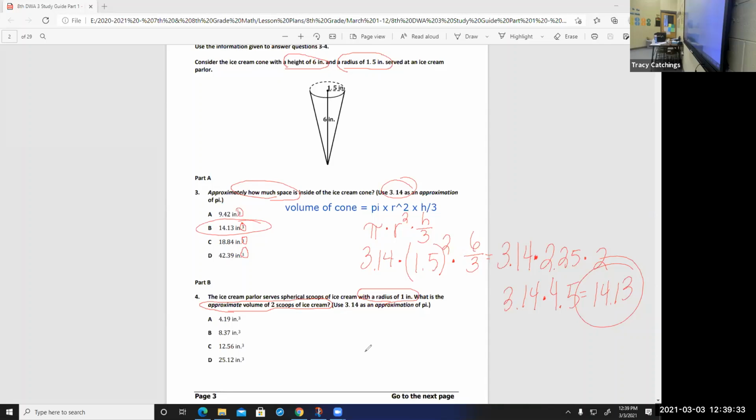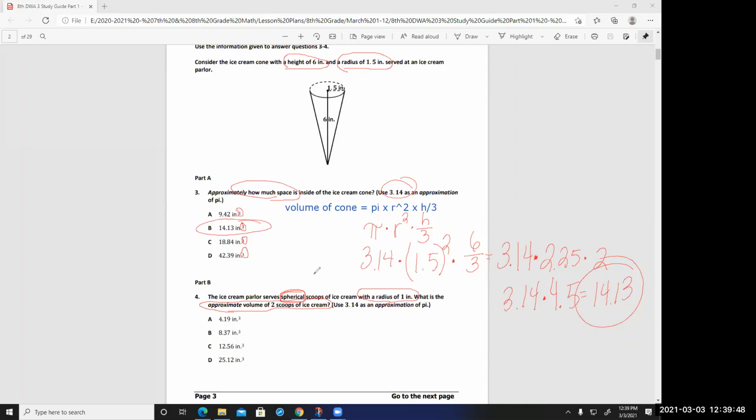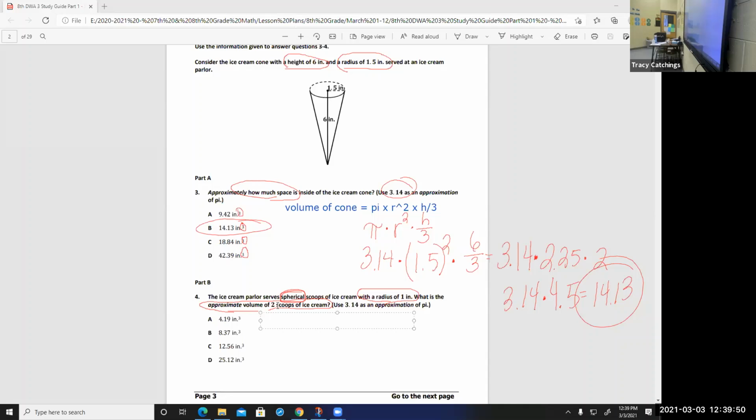What kind of shape did they tell us we got? Spherical. So that looks like a sphere. That's kind of like that basketball. And we see the little 3 again, so we know that'll be volume of a sphere. The formula is equal to 4/3 times pi times r to the 3rd power.